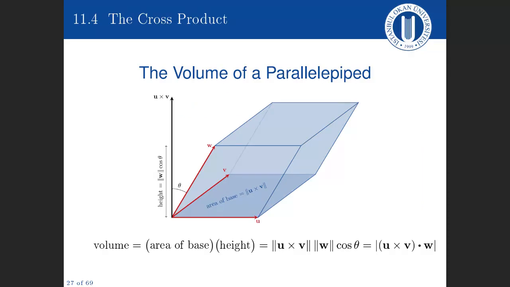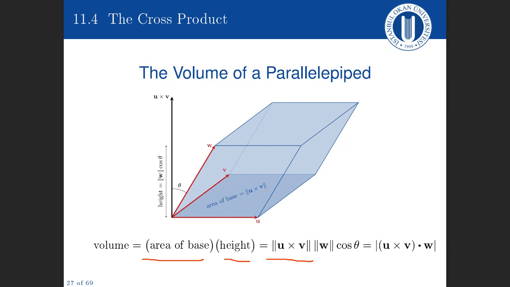What could we use that for? We could use that for the volume of a parallelepiped. This three-dimensional object is called a parallelepiped. And let's work out the volume. The volume will be the area of the base multiplied by the height. Area of the base, that's easy. The area of the base is an area of a parallelogram.